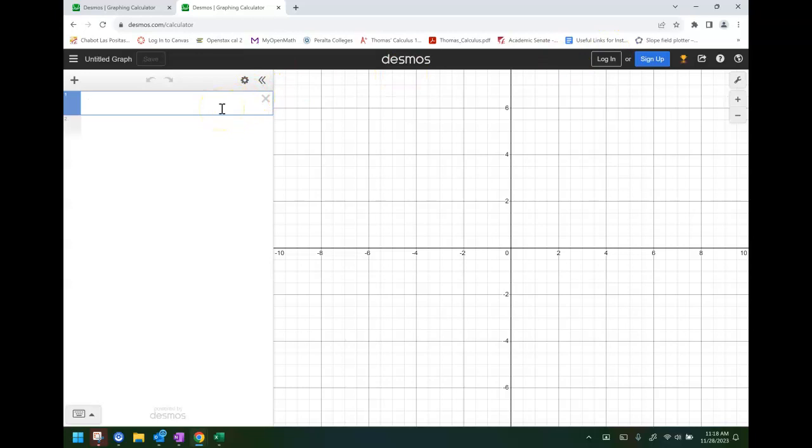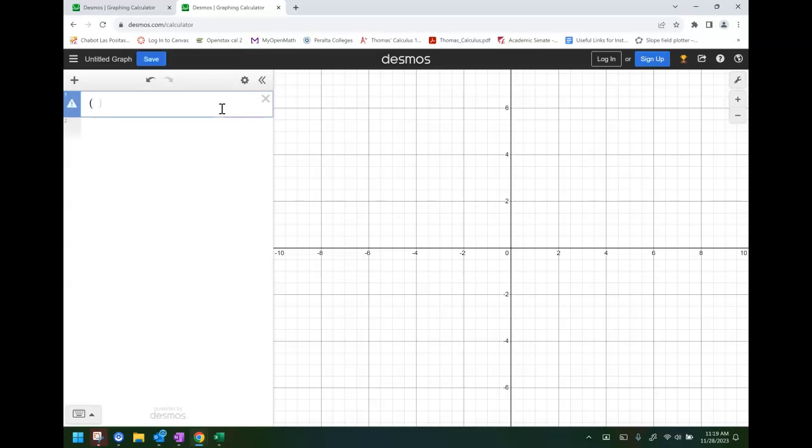First, let's graph this curve for a equal to -2, -1, -0.5, and increase from there. We'll see what will happen here. I start with a equal to -2.